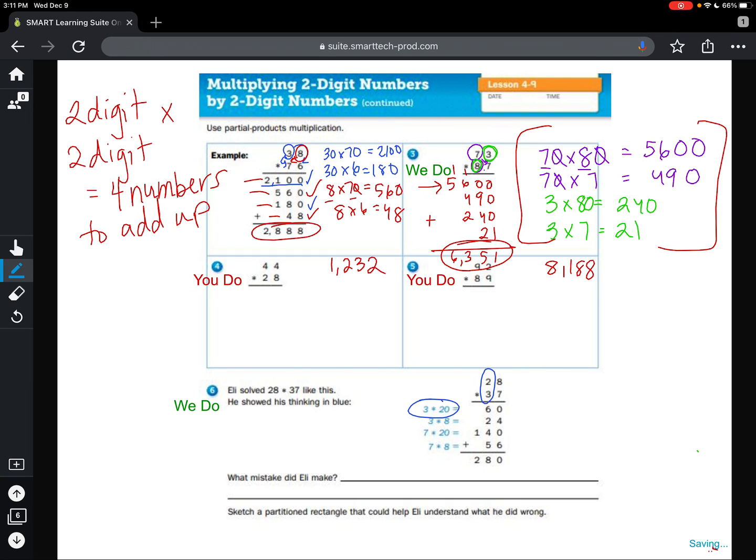He wrote 3 times 20. Does that mean 3 times 20? No, this is 30 times 20 because both the 2 and the 3 are in the tens place. So 30 times 20 gives you an answer of 600.